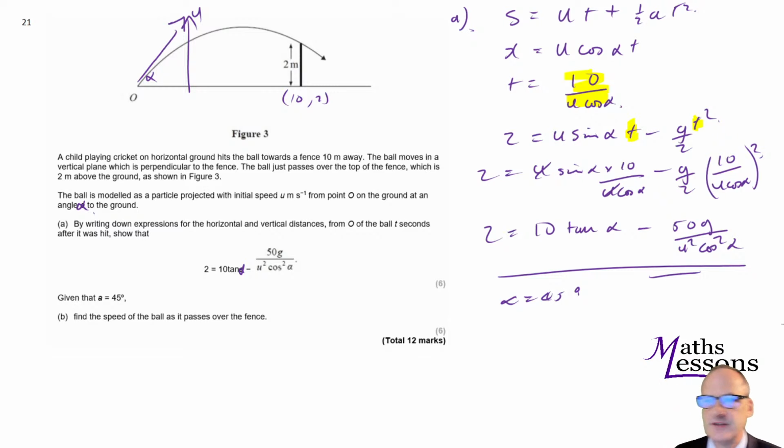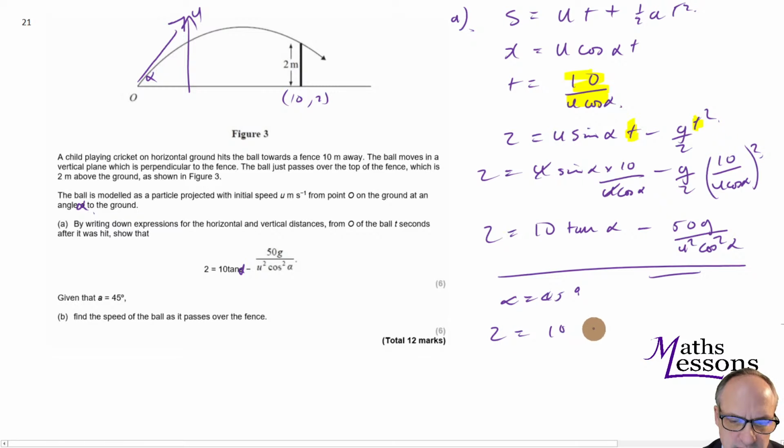And this actually comes out to be a bit longer. The only nasty bit about this is that the numbers aren't very nice. So if we've got alpha equal to 45, then we can put that into this equation. Tan alpha is equal to 1. So we get 2 equals 10 minus 50g over u squared, and then cos of 45 is root 2 over 2 squared. That will give me a half.